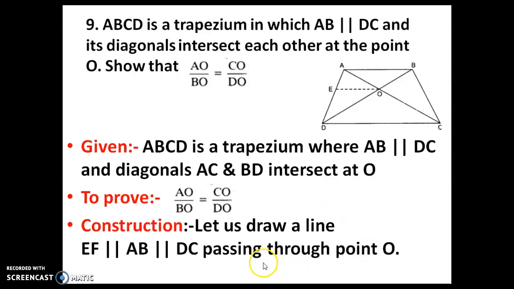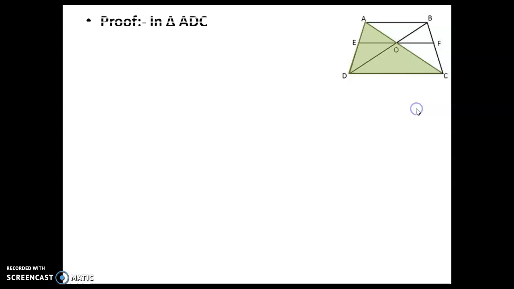Construction: we are going to construct a line EF, as you can see in the next slide, such that it is parallel to AB and DC, passing through O. Let's take this green color triangle, ADC. Since EF is parallel to DC, EO is part of EF only, so EO is parallel to DC.